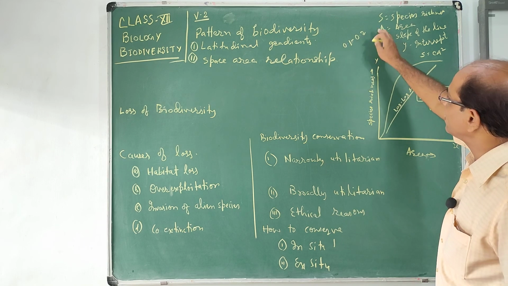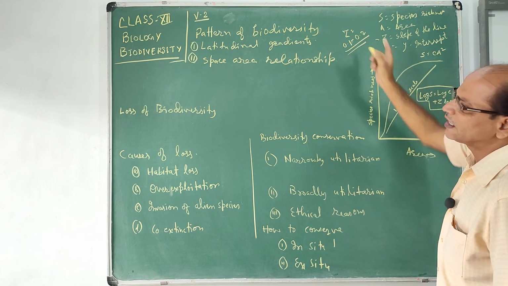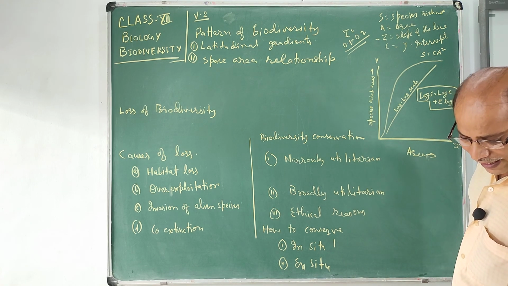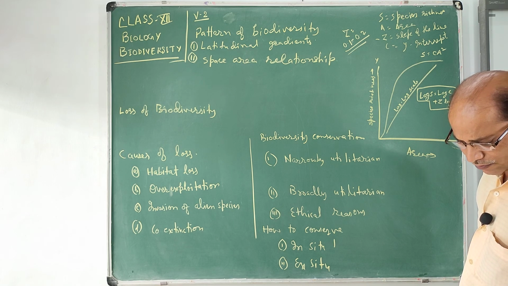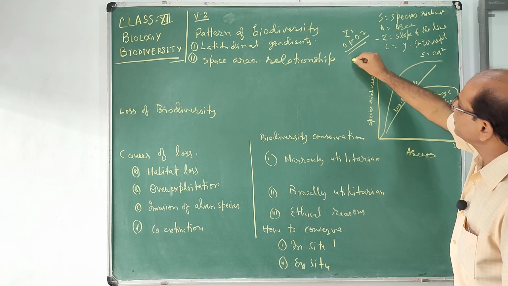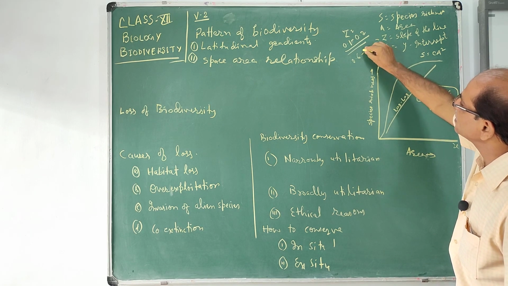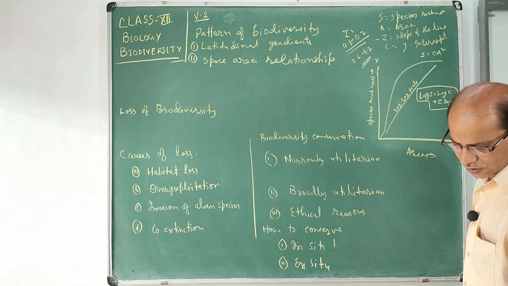Wherever it is, Z should be in between this range. However, the analysis of very large areas like a whole continent gives a Z of 0.6 to 1.2. It means it is far more than expected.